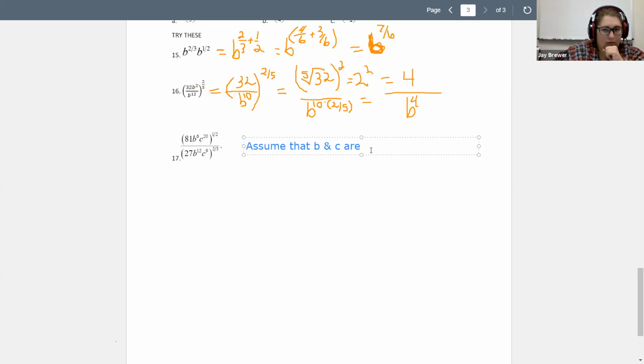So what do you think B and C have to be? Positive? Very good. So not that Pearson will require it, but if you are doing a problem like this on an exam for me, I need to see that statement, okay? And even if you're not sure whether that statement should be there or not, it's probably better to just write it down. I'll probably end up giving you bonus points for it.